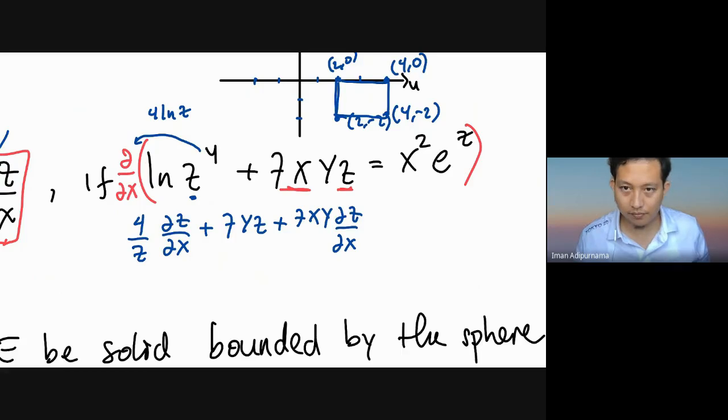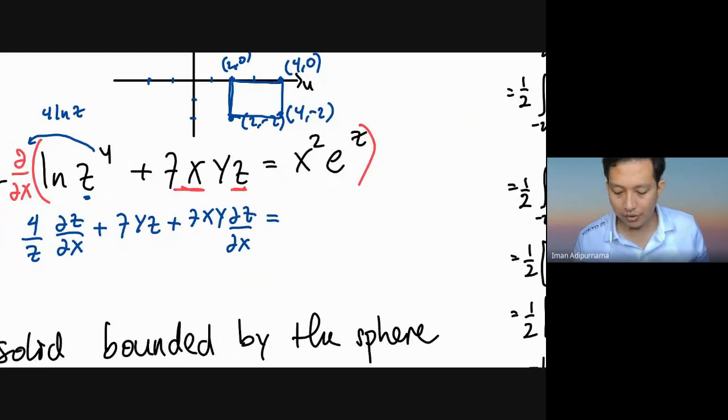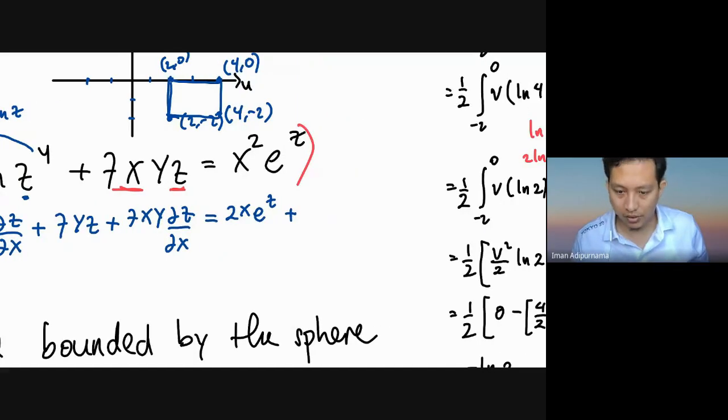Okay, and then equal, this is also the same. We need to have a product rule here. So product rule, this will be 2x, and then plus, differentiate the e to the z, it is x squared e to the z, and then don't forget the dou z dou x.